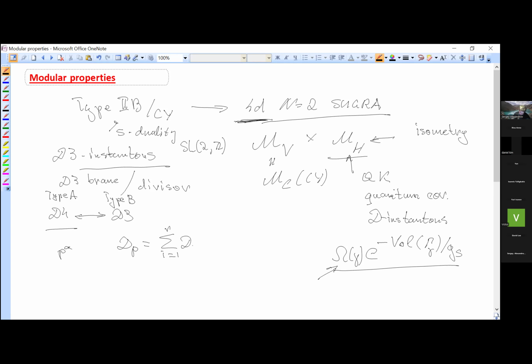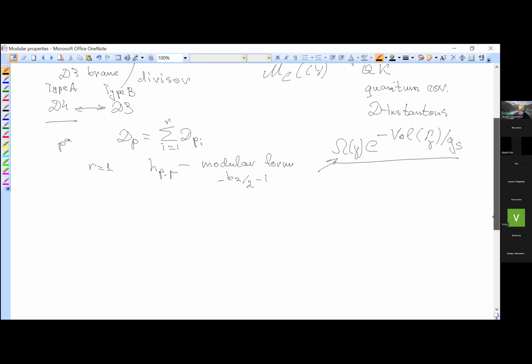All right, so let's assume that it's decomposable into R irreducible divisors. Then, if R is equal to 1, the corresponding generating function must be a modular form of weight b_2/2 minus 1.